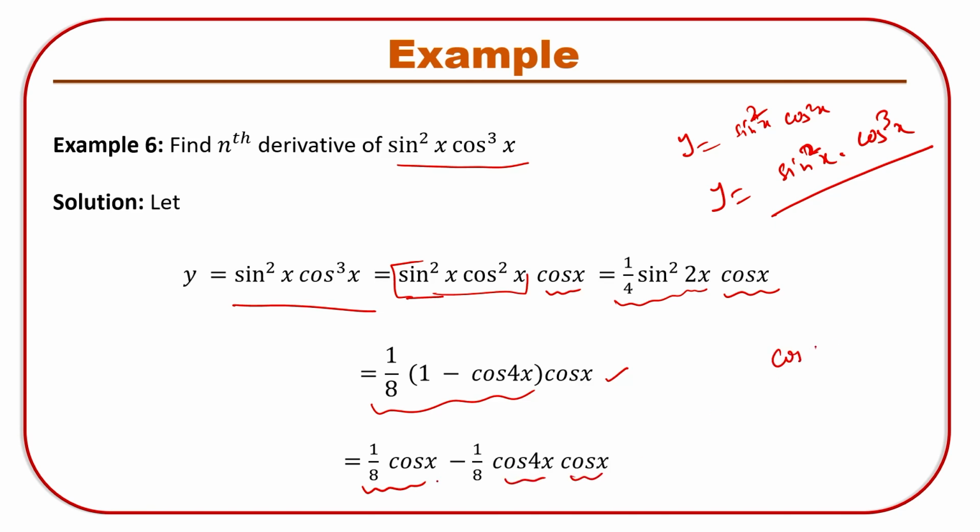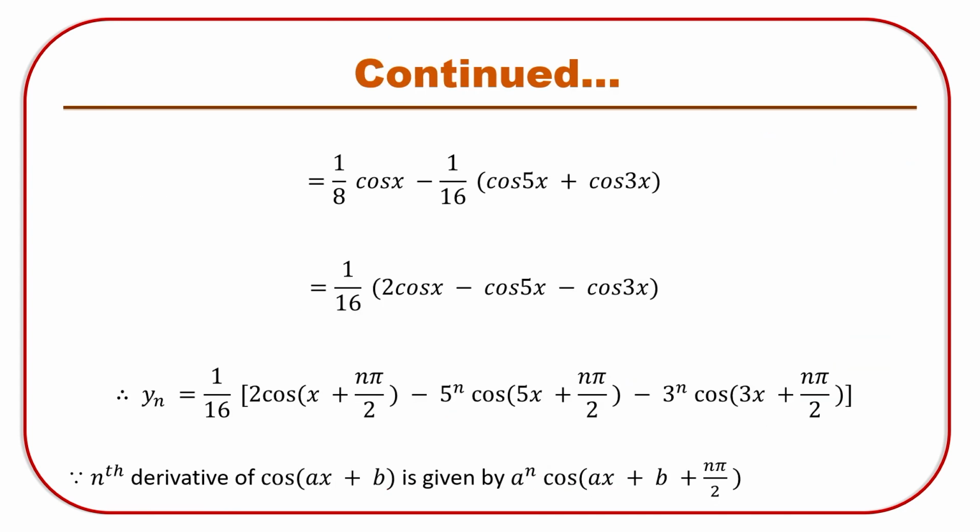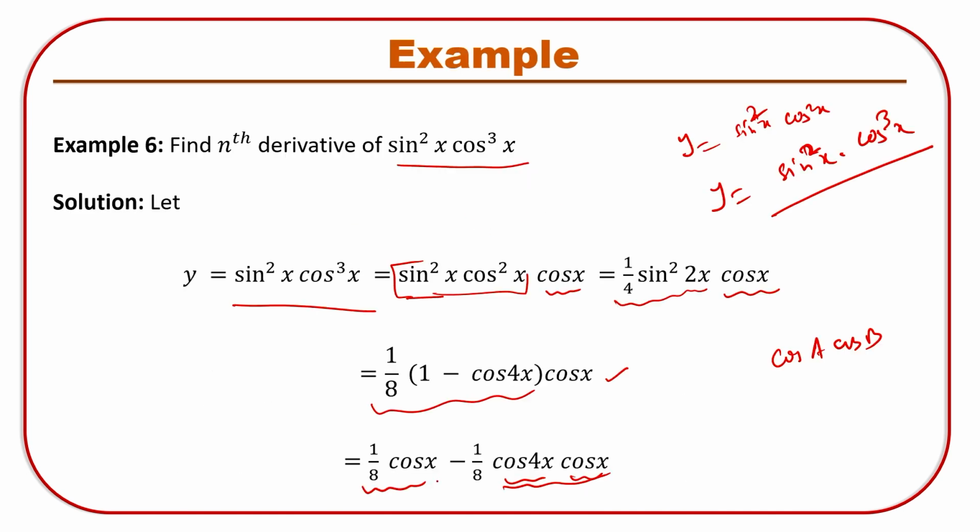Now, use this one, cos a into cos b, and convert this whole problem into a single addition and subtraction. So, this will become 1 by 8 into cos x, and this one, as you can see here, is cos a cos b.